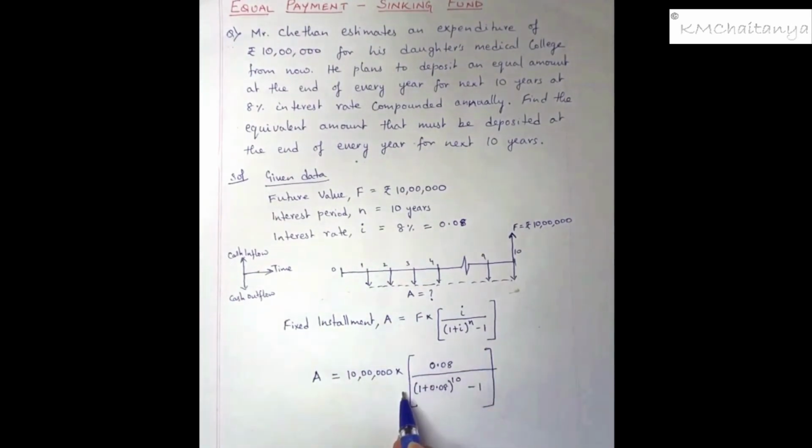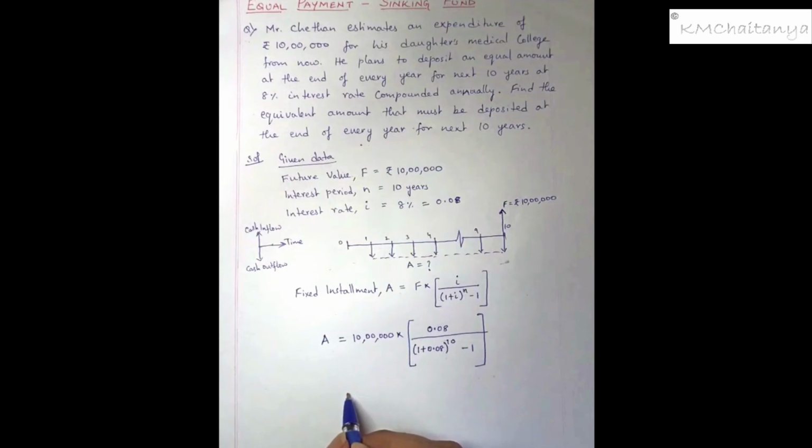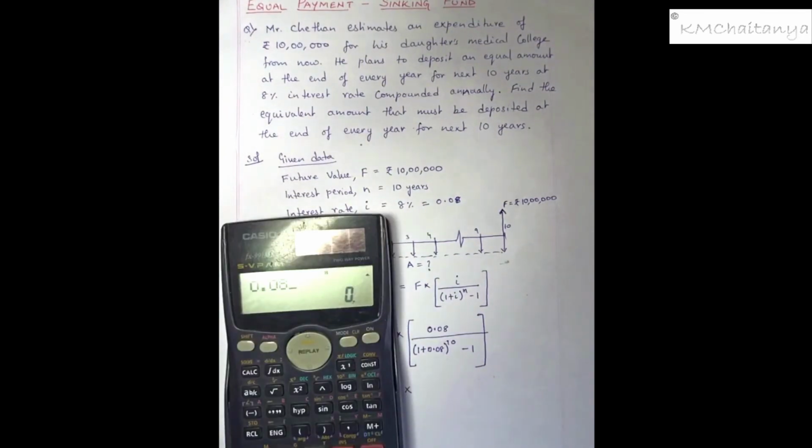So we'll solve this particular term and then multiply it with 10 lakh rupees. So which is equal to 10 lakh multiplied by 0.08 divided by, I'll open up the brackets, 1 plus 0.08 to the power of 10, close it, minus 1.